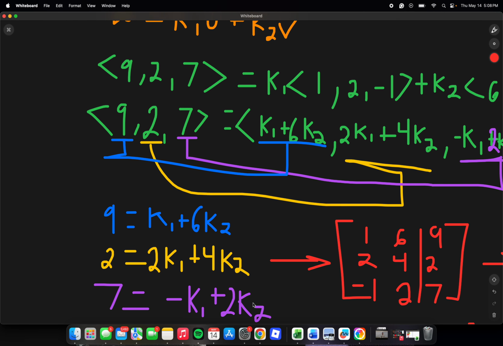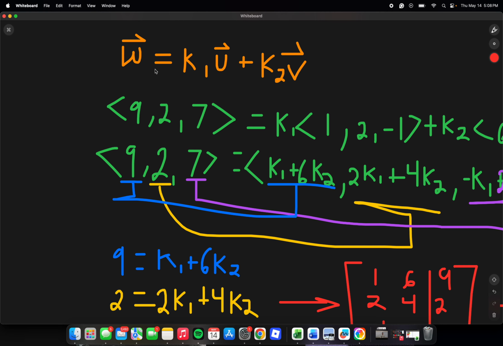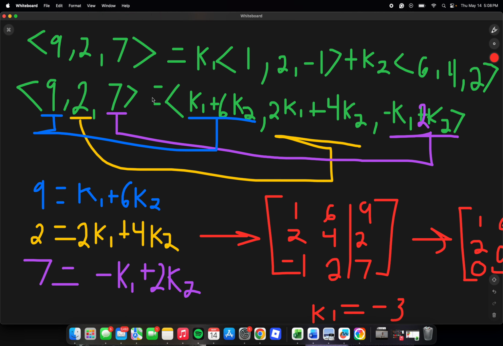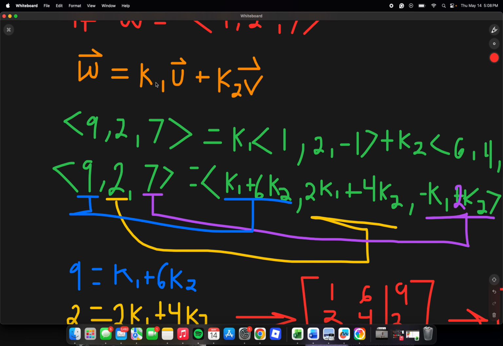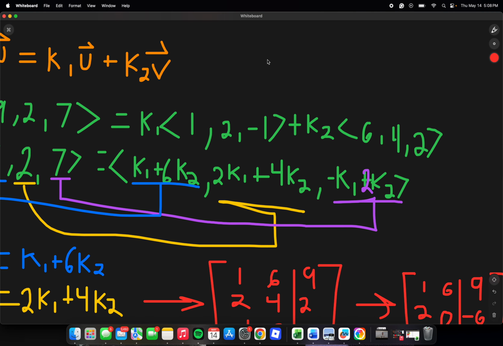So that means that to get W, one such linear combination could be k1, with a coefficient of negative 3, so negative 3 times u, and then add to that 2 of v.